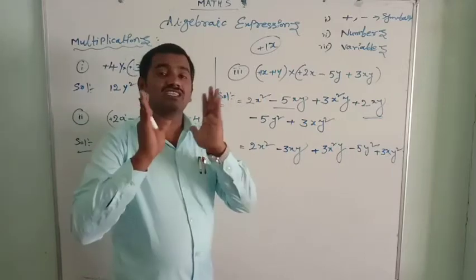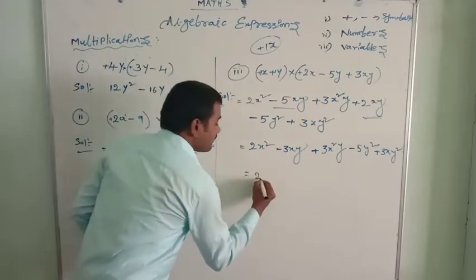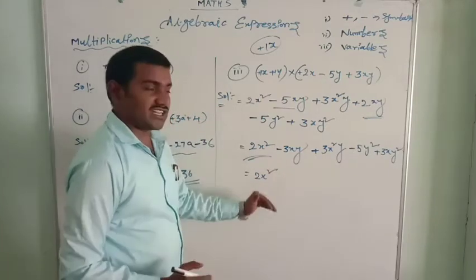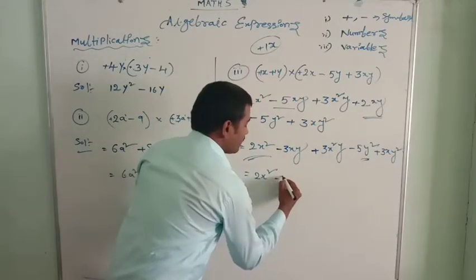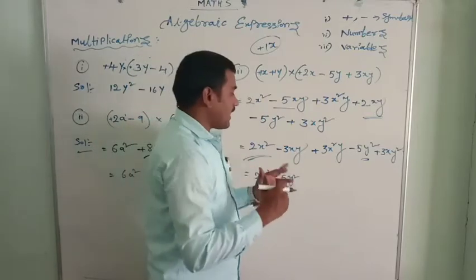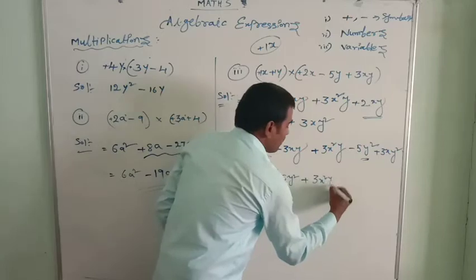If you want to write in the standard form, it will be like this. To read very easily, you can write it here or you can continue like this. We will write in the standard form. X square is completed. Next choose the y square term, minus 5y square. Next x square y, you can see here 3x square y.